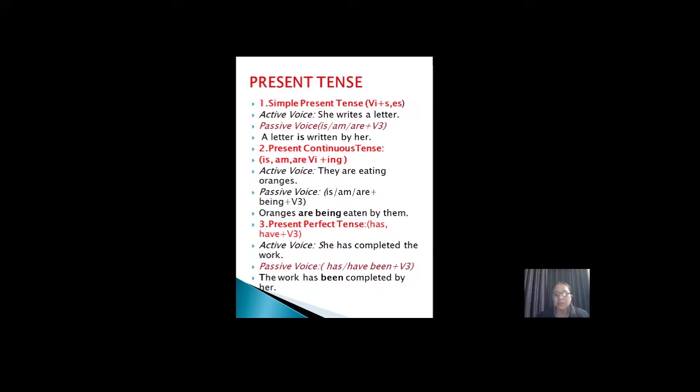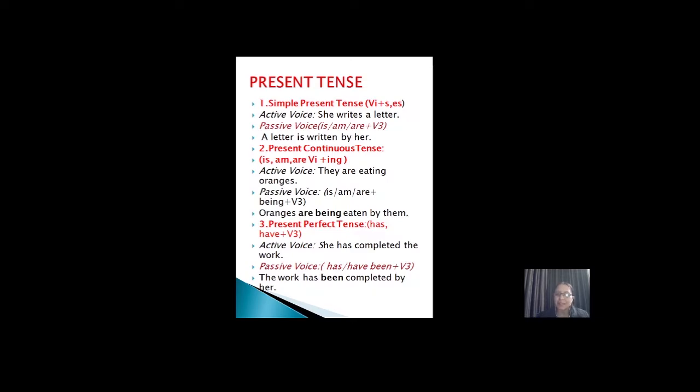So plus V3: The work has been completed by her. So dear students, please remember, in continuous tense we have added being. In perfect tense we have added been, B-E-E-N. So here we have completed three tenses.